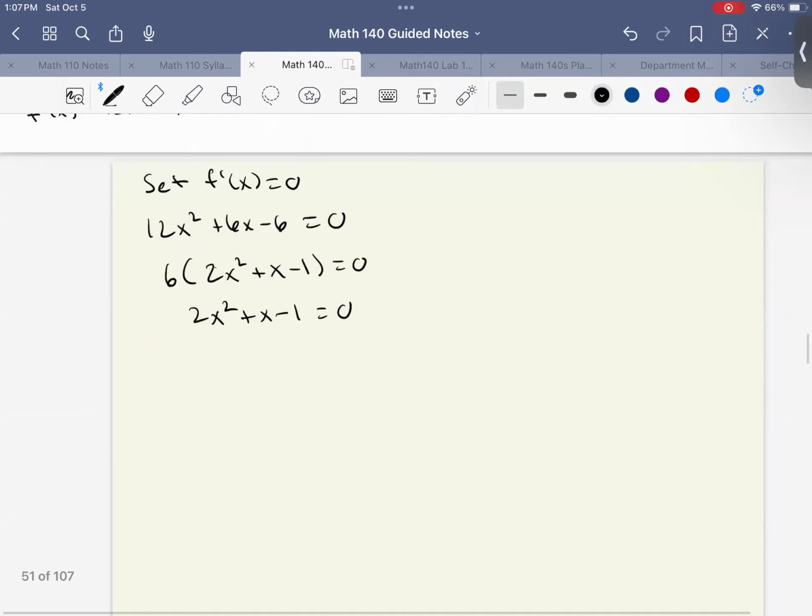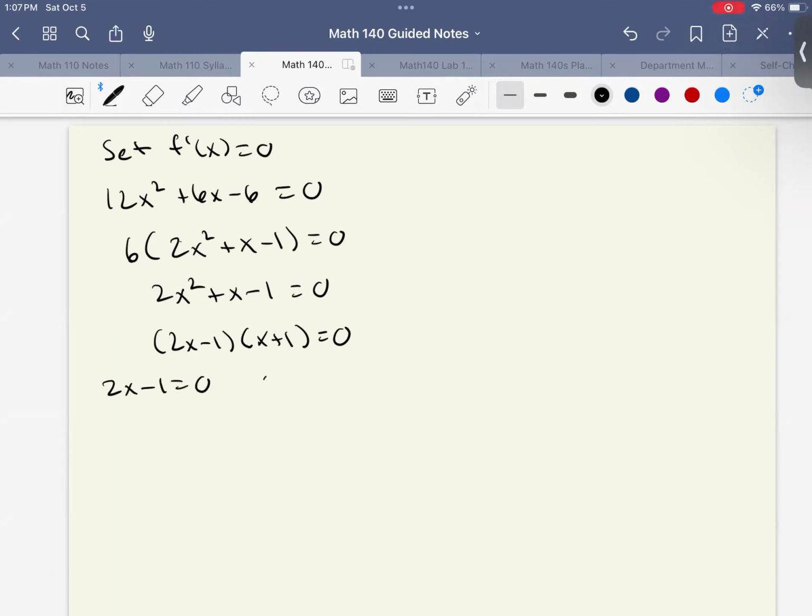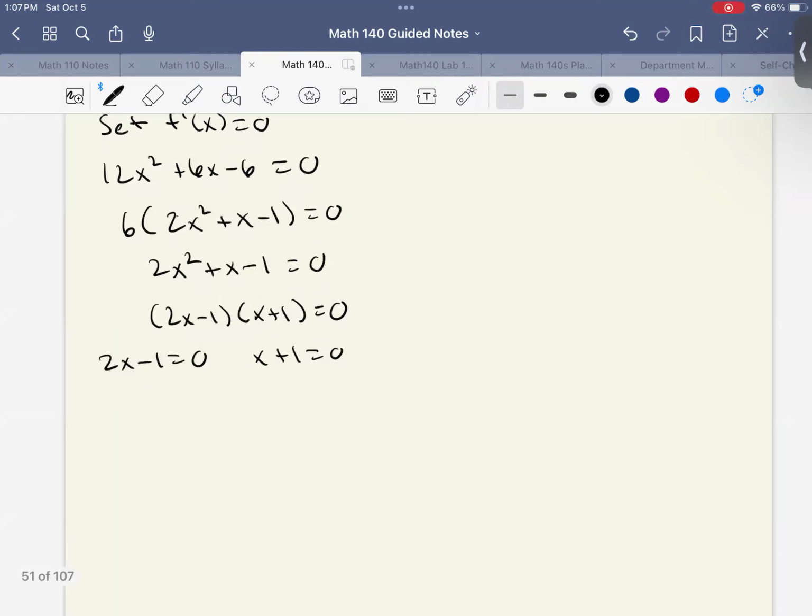And then the way to factor this is, what you would end up with is 2x minus 1 times x plus 1. Okay. So you would solve for both of these. You move 1 to the right side, you would get 2x equals 1.